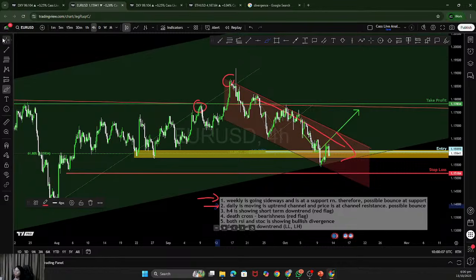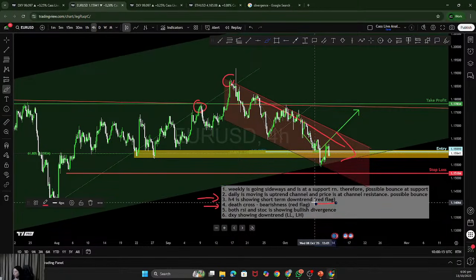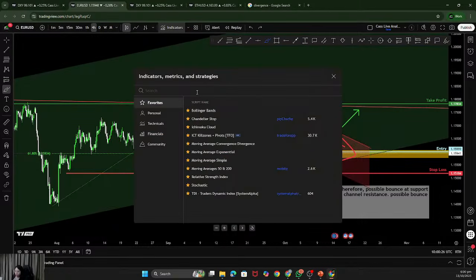Okay, so one thing about the death cross, which I feel like it's okay to ignore or not give so much priority to, is that the problem with this is that it could have just been a fake out, right? So let's say I pull out the EMA again.